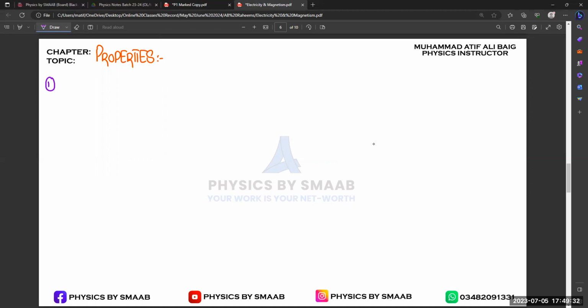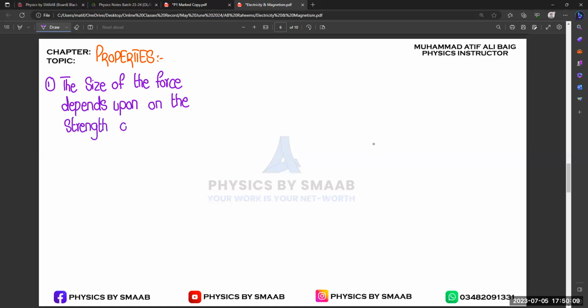It depends upon the size of the force, it depends upon the size of the charge. So basically the size of the force depends on the field.